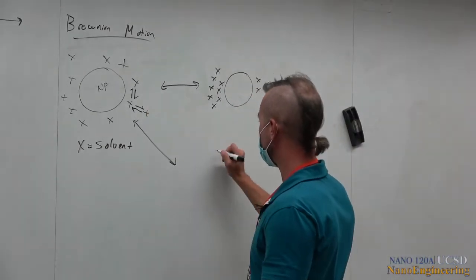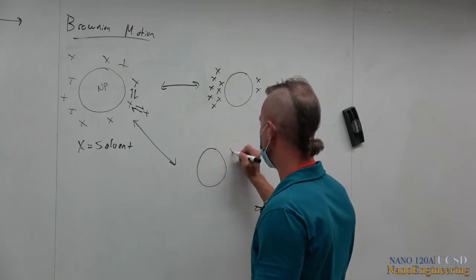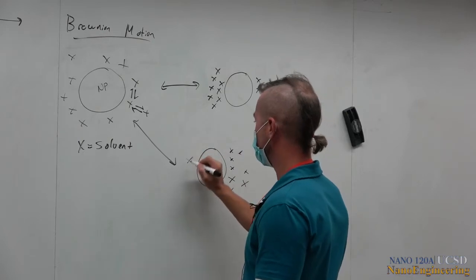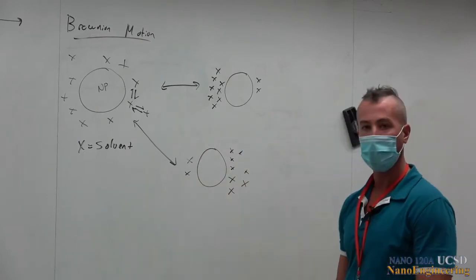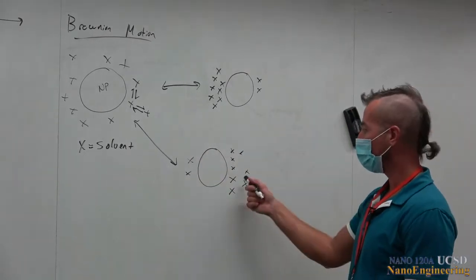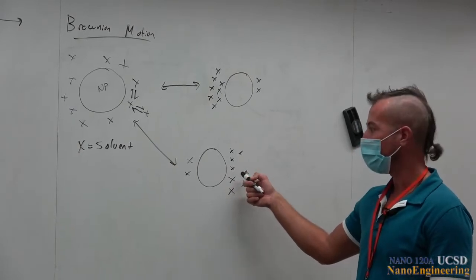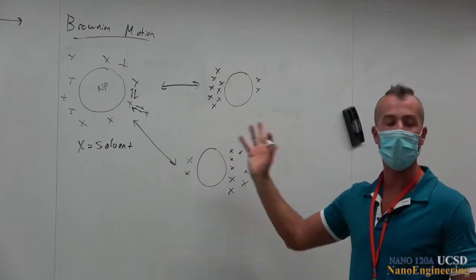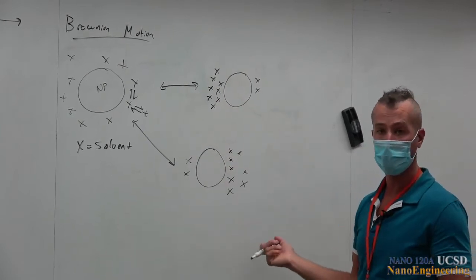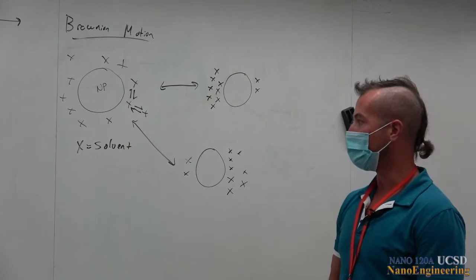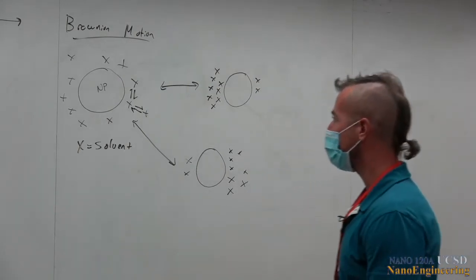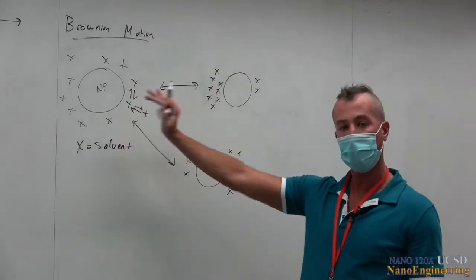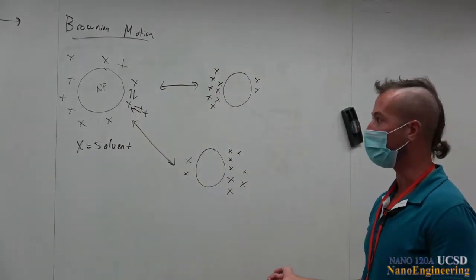There's also a likelihood that more solvent can move to the other side. So if there's more solvent on this side, you're more likely to have a movement in one direction or the other based on how the solvent is arranged. Okay? So this is the essence of where Brownian motion comes from, this interaction of the particle with the solvent.